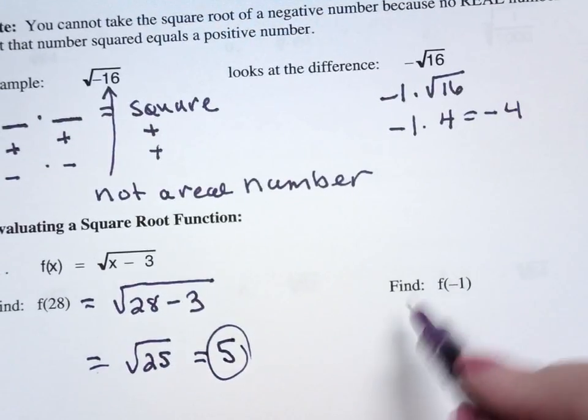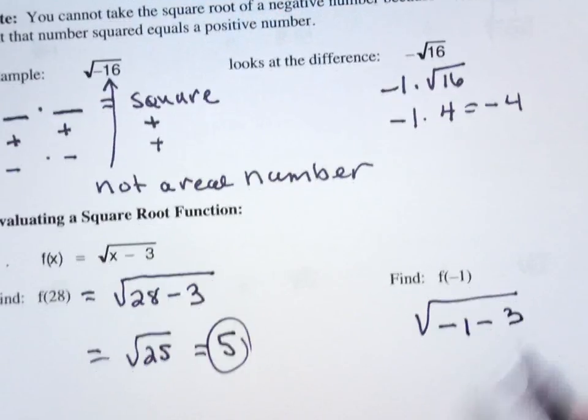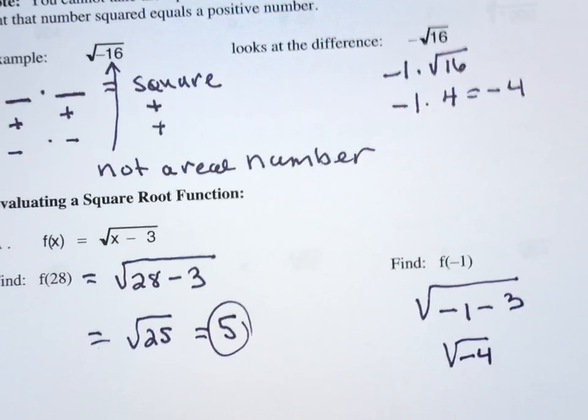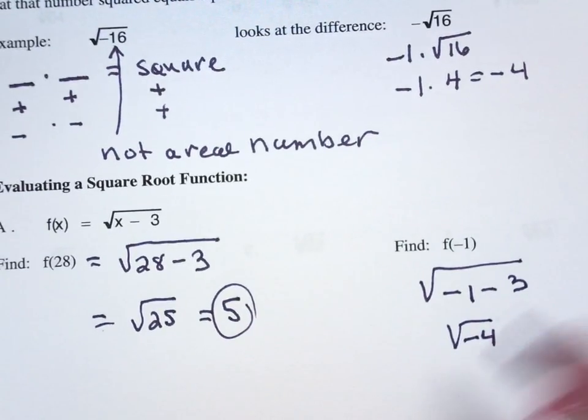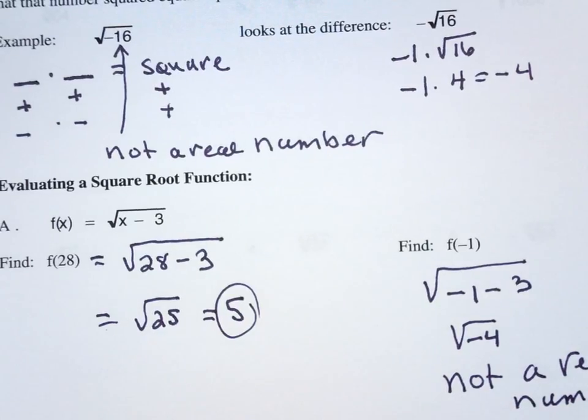F of negative 1 says I've got the square root of negative 1 minus 3, which is the square root of negative 4. And what do I know about the square root of negative 4? It's not a real number.